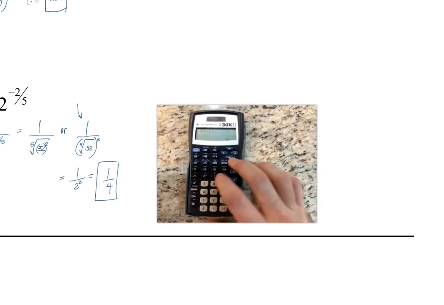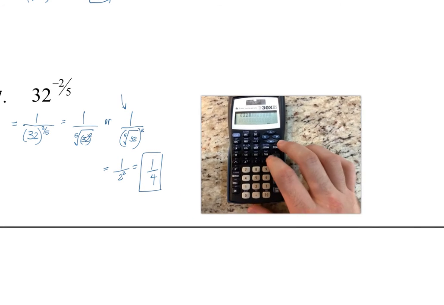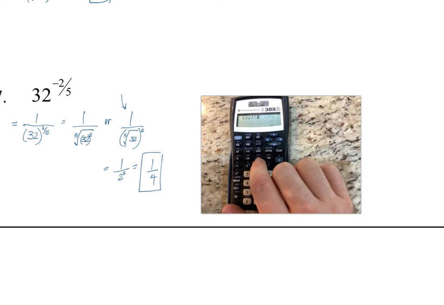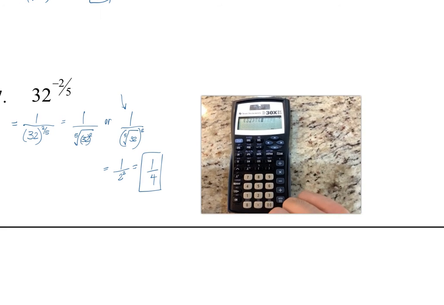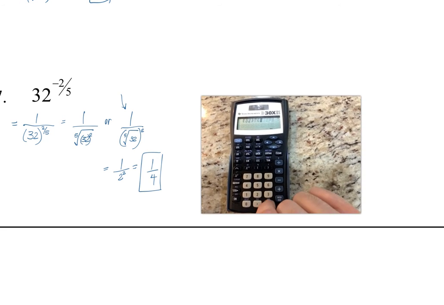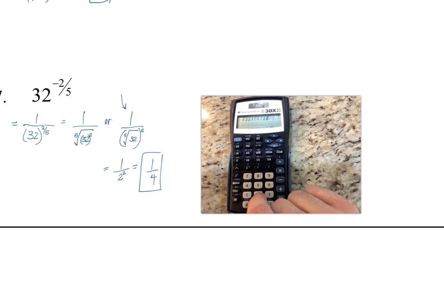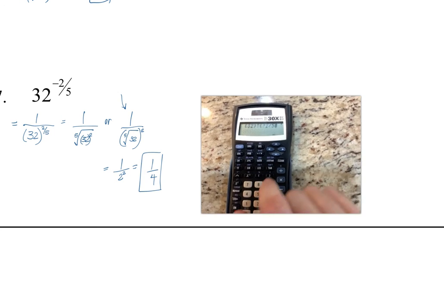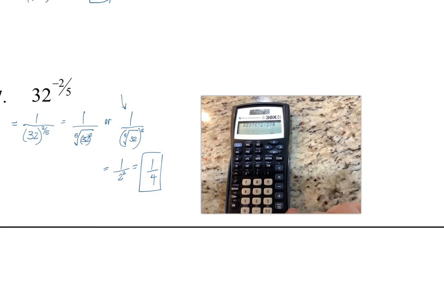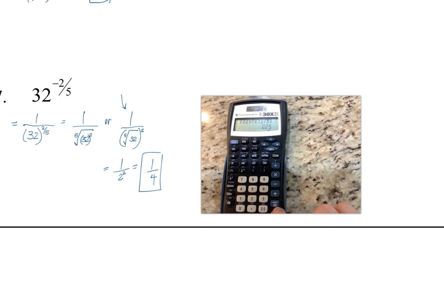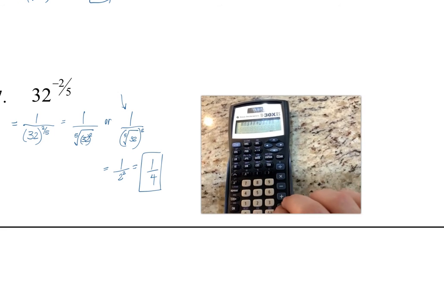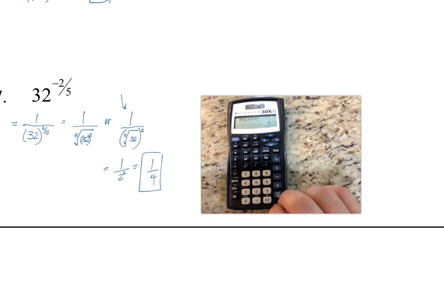So I would like to put the 32 in parentheses, and then use my caret key right here to raise it to the power, now put this in parentheses, negative 2 divided by 5. You're going to get a decimal and just press second, PRBFD, enter, and you get 1/4.